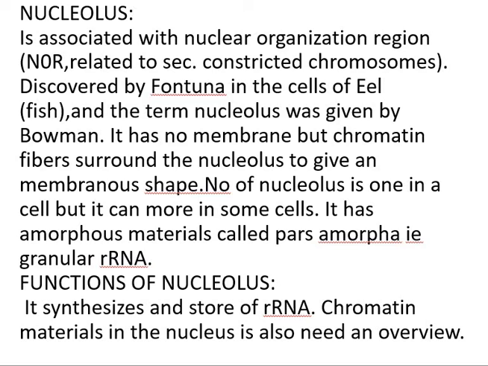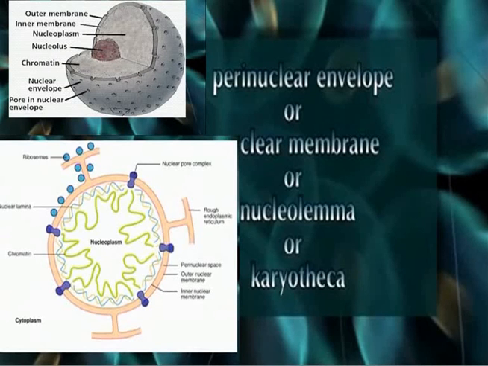I tell you, the chromatin material in the nucleus can be discussed in another lecture. Here, dear students, you see the structure of the nucleus with all its different parts and labels, and below it is the structure of the nuclear membrane, again associated with ribosomes, endoplasmic reticulum, and all these things.